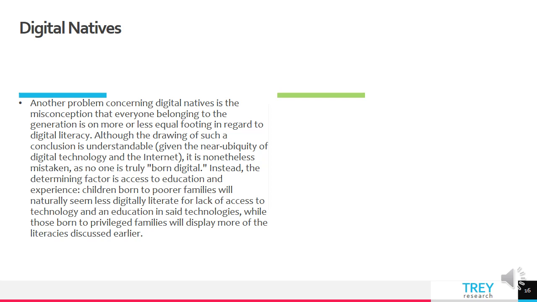Instead, the determining factor is access to education and experience. Children born to poorer families will naturally seem less digitally literate for lack of access to technology and an education in said technologies, while those born to privileged families will display more of the literacies discussed earlier.